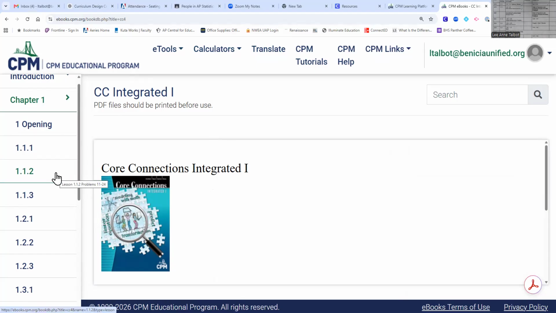We want problems 25, 26, and 28 through 31. So I think that's in the 1.1.3 section. Okay, so everyone click on the 1.1.3 section.